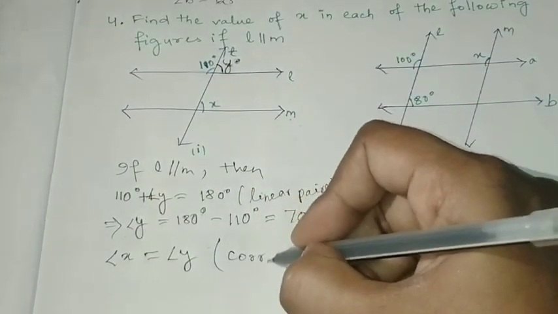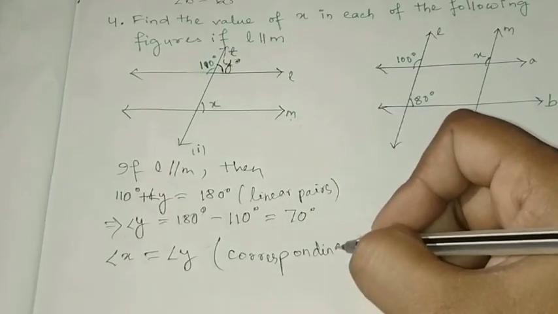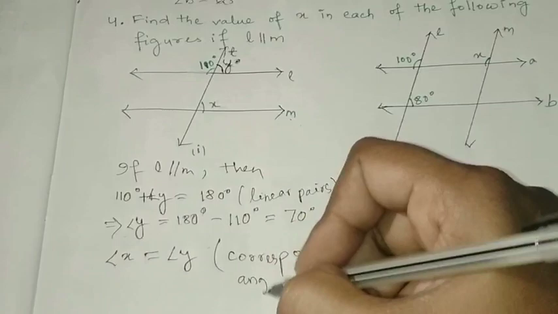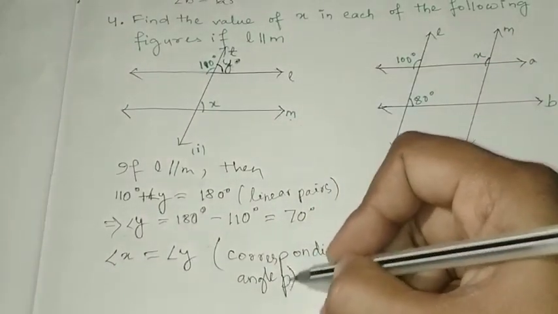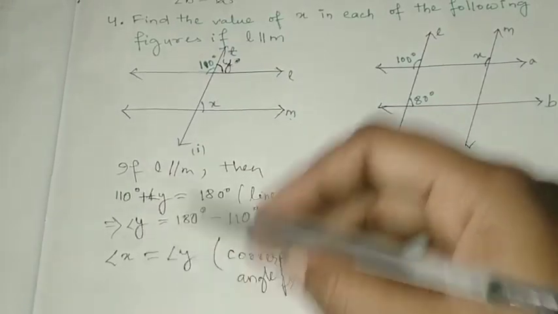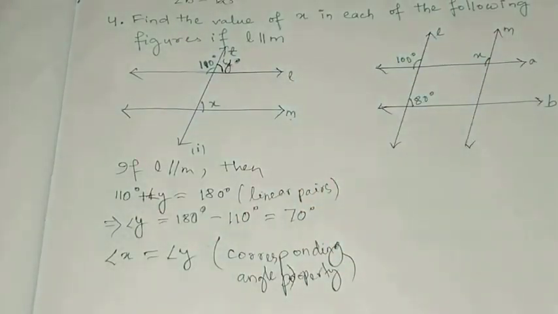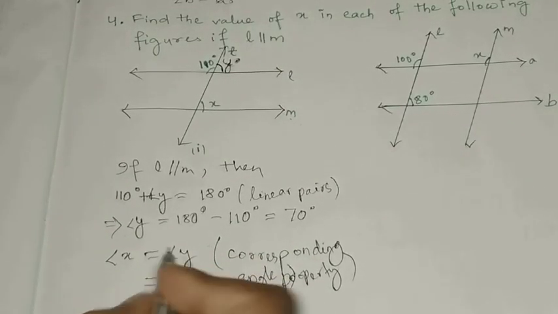Due to corresponding angles property, these two angles are equal. So what we have got? Angle Y is 70 degree.